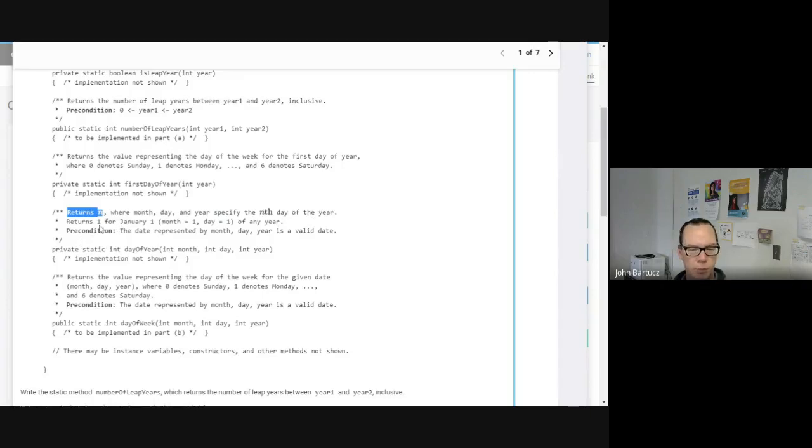So, for example, if you give it January, so January is 1, 1/1, right? Month 1, day 1 of any year, pretty much. But if you have to pass in some kind of year, it will return the number 1 because that's the first day of the year.